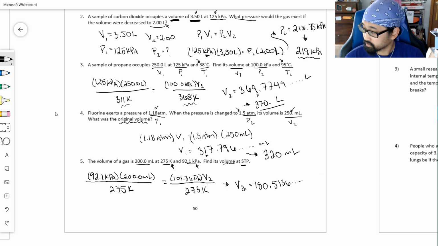So my units here are milliliters. If I look at my numbers, I see 3 sig figs, and I see 3 sig figs. That's the lowest. Nothing has 2 sig figs. We need to round this to 3. That's 181 milliliters.